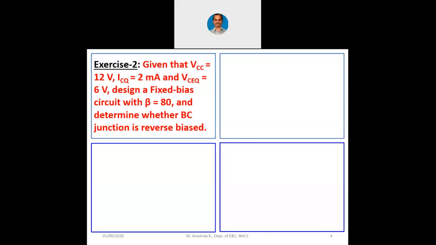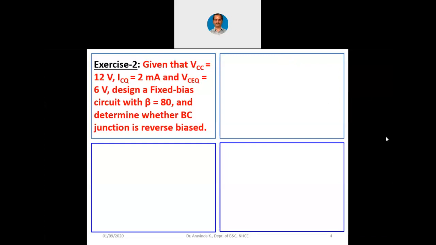Okay, Sayan has given the answer. RB is 452 kilo ohms. Let us verify that later. What about other students? Other students also have to try out. Even if the answer is wrong, don't worry. But you will have to practice. You will have to work out at least.